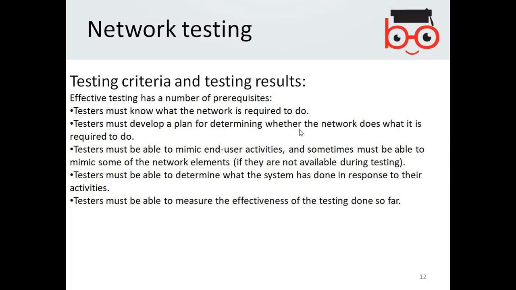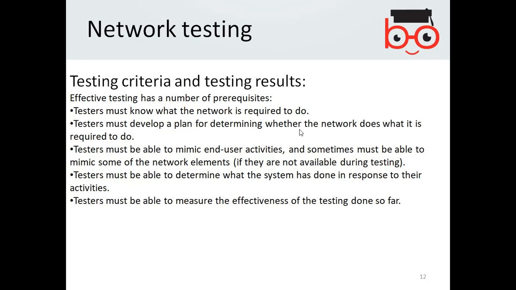If you don't know what is required to run on the network, then you won't be able to test whether it can be adjusted into the network or not. For example, if the network has a capacity of, let's say, 10 gigabytes per second, and you don't know what the network is required to do against your requirements, then you cannot test it.